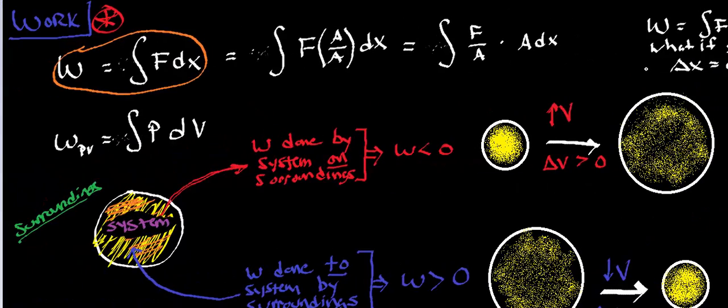Well, if I come back over here, within this integral of force times dx, I'm going to multiply by what's referred to in physics and math in slang terms as a fancy 1, a over a. You take any number and divide by that number, or any variable and divide by the variable, it's just 1.